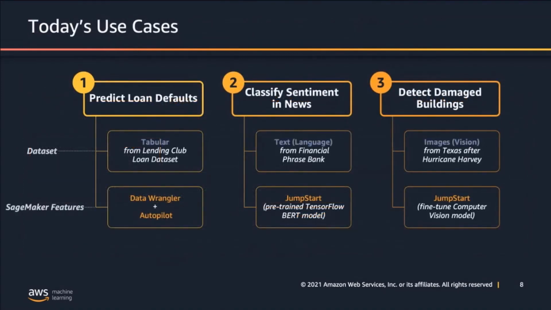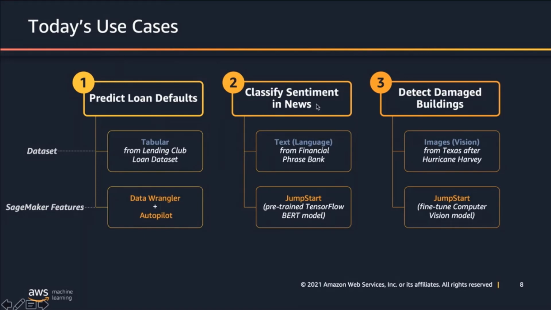Now, let's see how we will dive deep in each one of those today. More specifically, we will solve for 3 different use cases. 1 for tabular data, 1 for text data, and 1 for images. In the first one, we will build a predictive model for loan defaults using tabular data from an open source loan dataset.